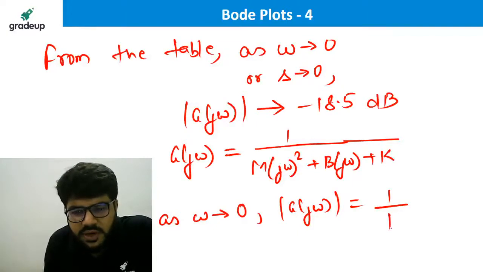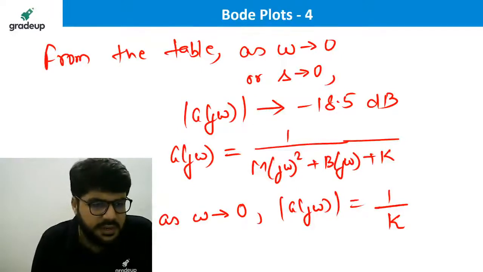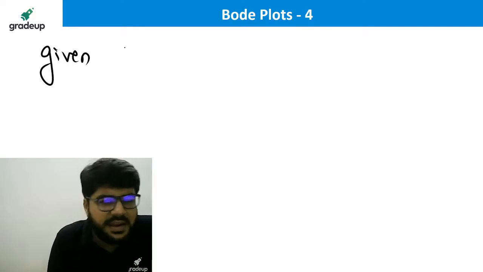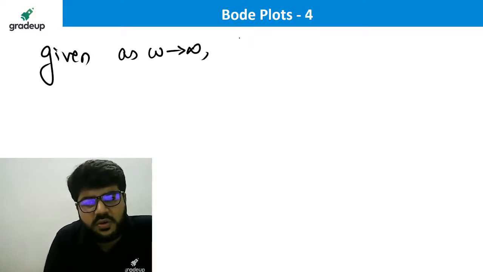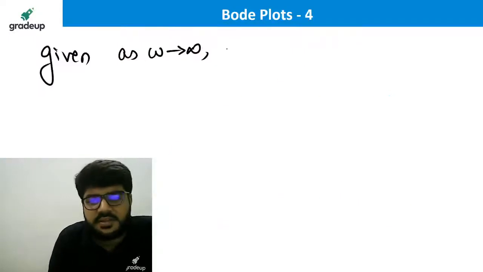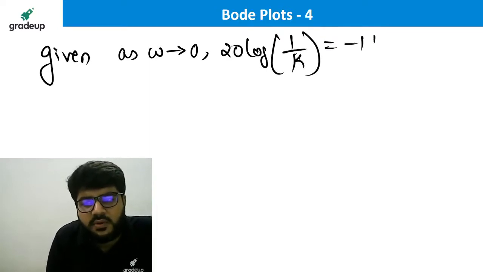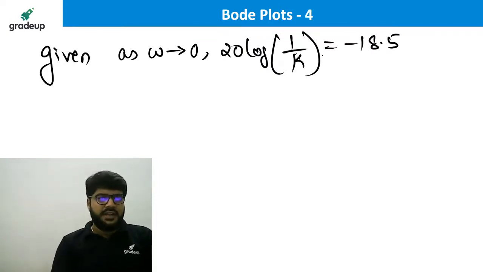If omega is put to 0, it is only 1 upon k. Now given the magnitude in decibel, as omega tends to 0, 20 log 1 by k should be equal to minus 18.5.